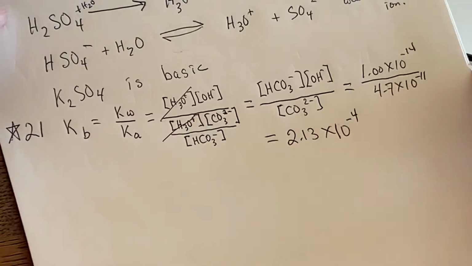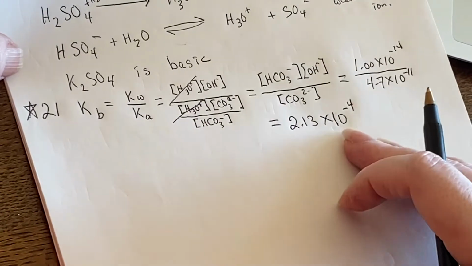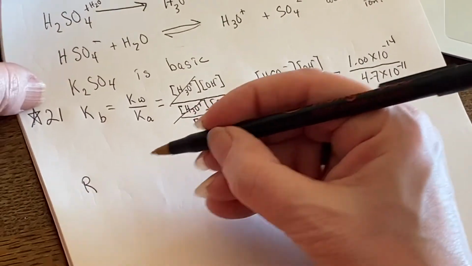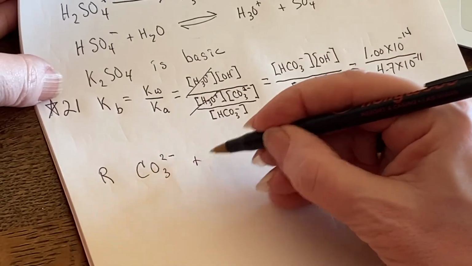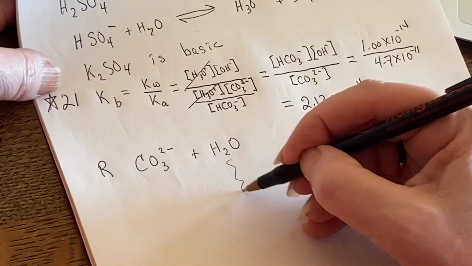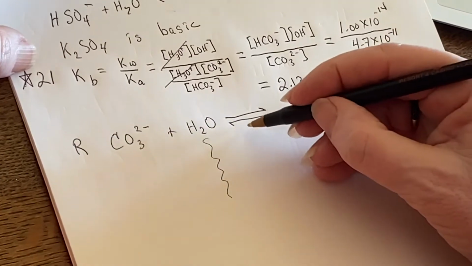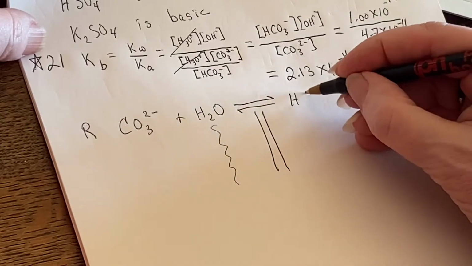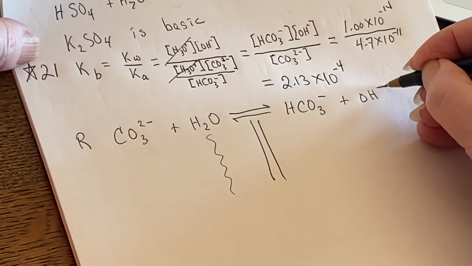Fine. Let us move on now to the actual RICE table, now that we have a Kb that will work with that equation. So let's write the equation then. There's the carbonate, and we're combining it with water, which is a liquid and not going to be involved in the actual part that is an equilibrium, forming the hydrogen carbonate ion and hydroxide ion.